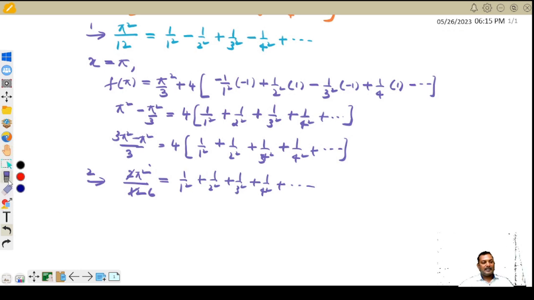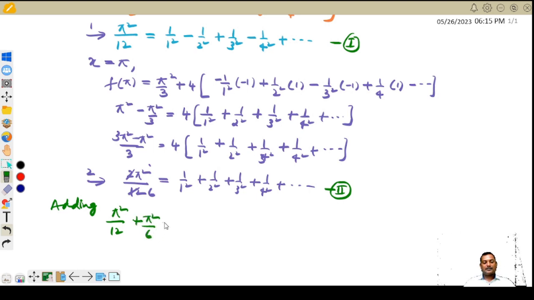So let us add these two. You can call this Roman number 1, this is Roman number 2. On adding, add the left side, which is pi square by 12. Here this is pi square divided by 6.